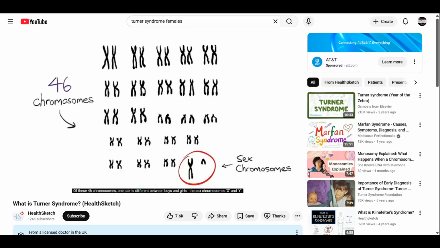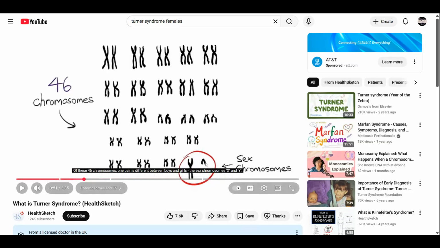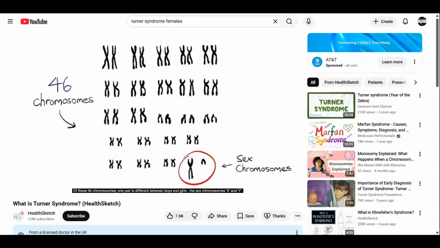But what I want to focus on is when the entire X is missing. When the entire X is missing is when it produces only females. It doesn't matter which X you get, it's going to only produce females, because that is the only thing that is human.